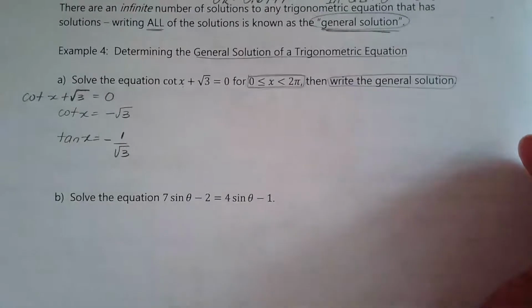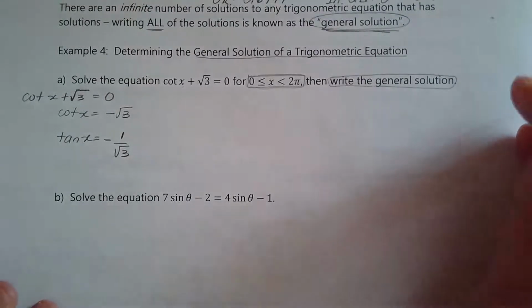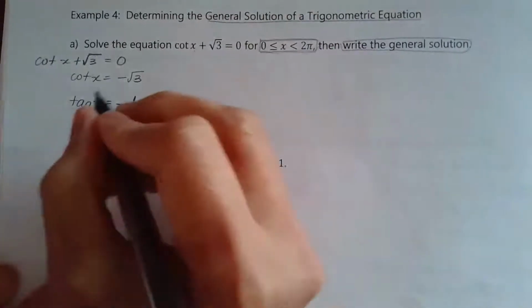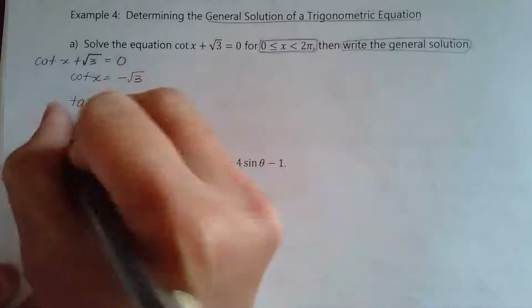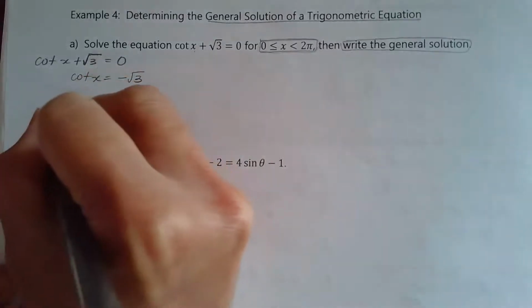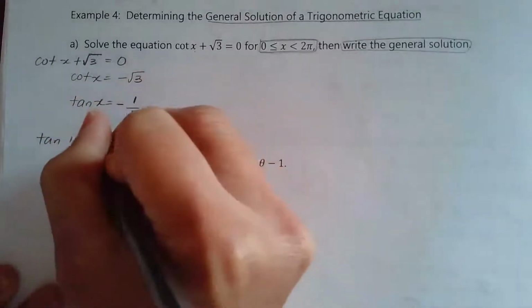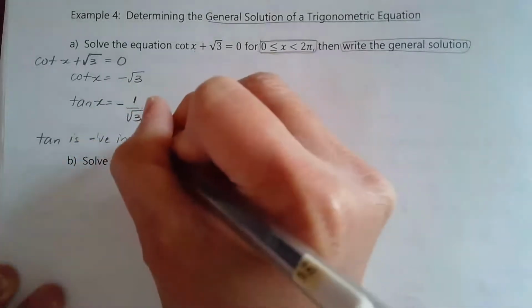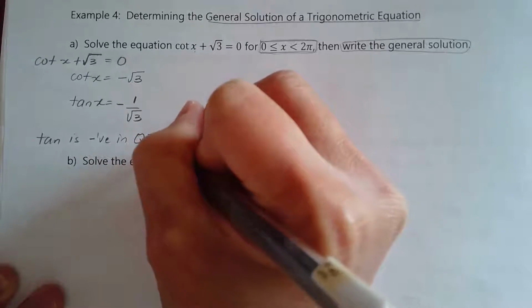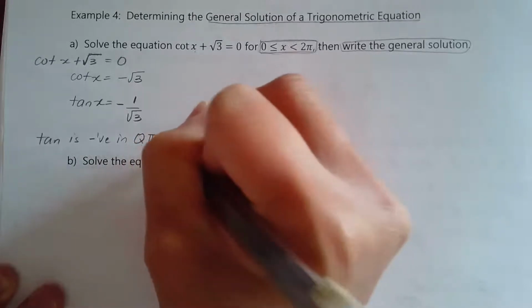So that's going to give us a reference angle. Let's write that down first. Tan is negative in quadrants 2 and quadrant 4.